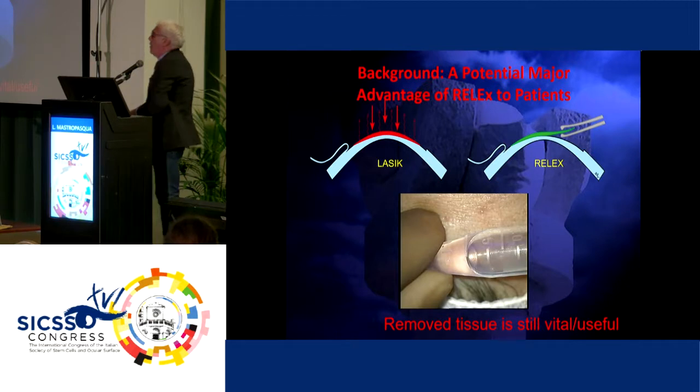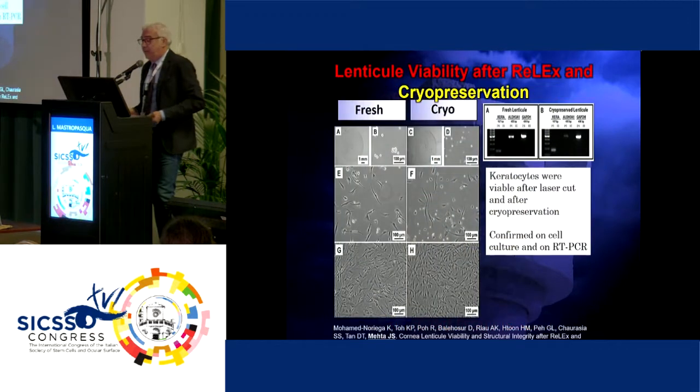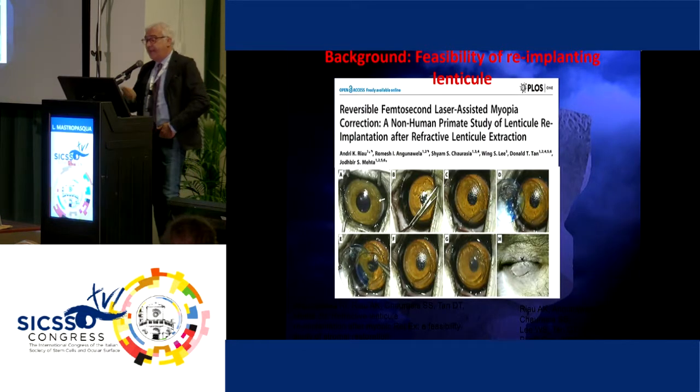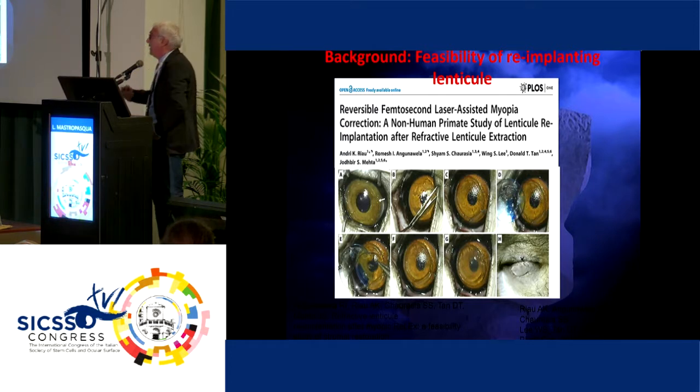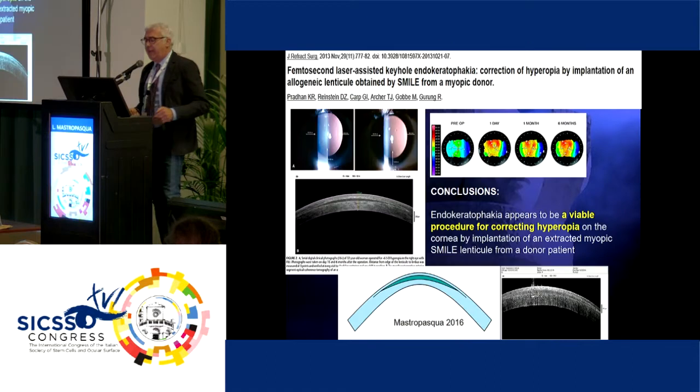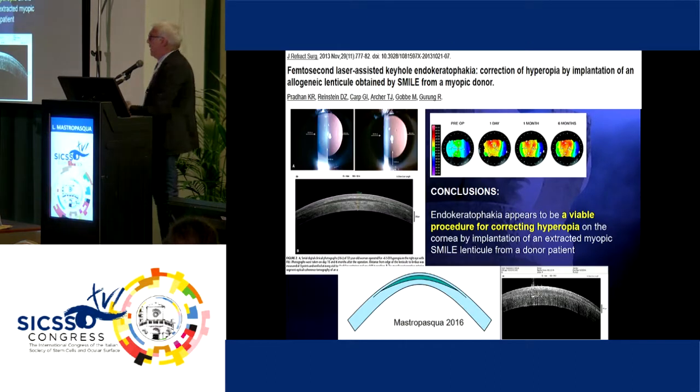We know that when we perform SMILE, we remove tissue that is still vital, and cryopreservation is possible, because we have good, live cells, and it's possible to reimplant this lenticule in animals and in humans too, particularly in hyperopia.